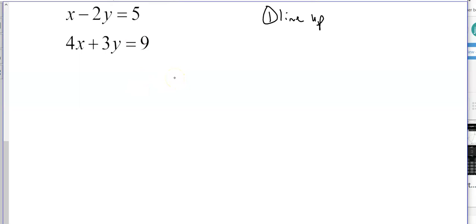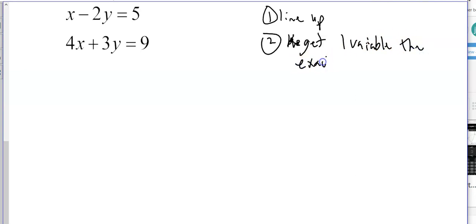So everything's lined up. I like to get one variable the exact opposite in the two equations. Usually you have to multiply to do that.